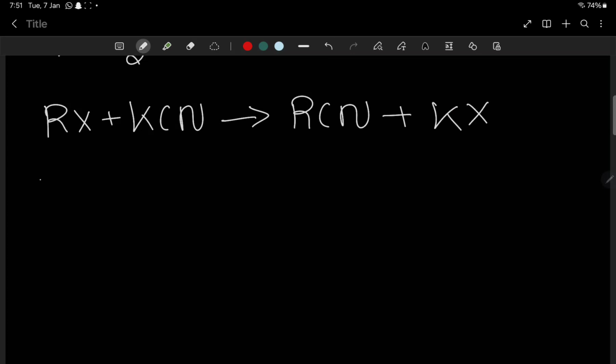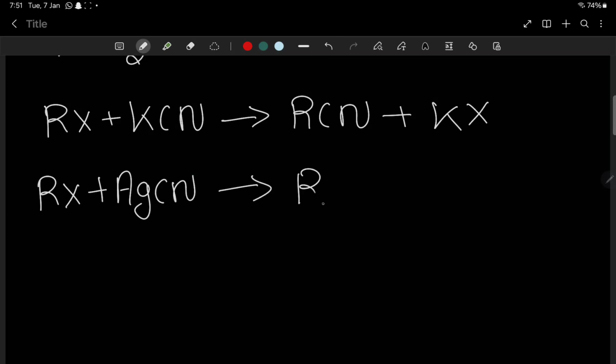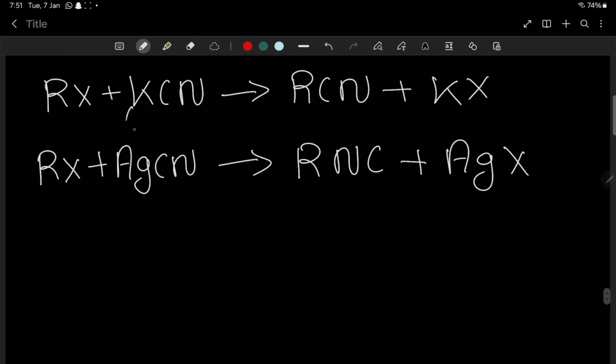But RX plus AgCN, we get RNC, isocyanide, plus AgX. Here the reason is that KCN is ionic and AgCN is covalent. As ionic, both C and N are ready to give their electron to the alkyl group, but in AgCN only nitrogen is ready.